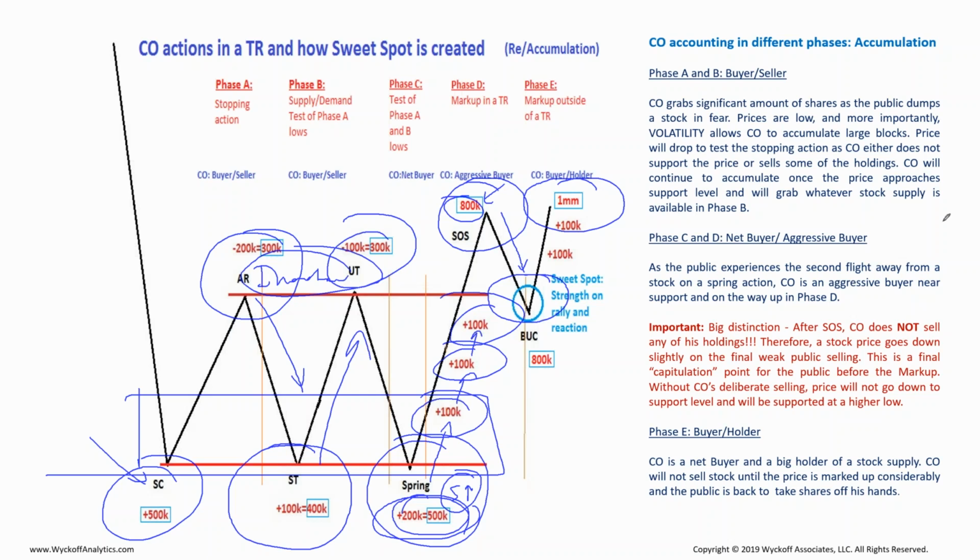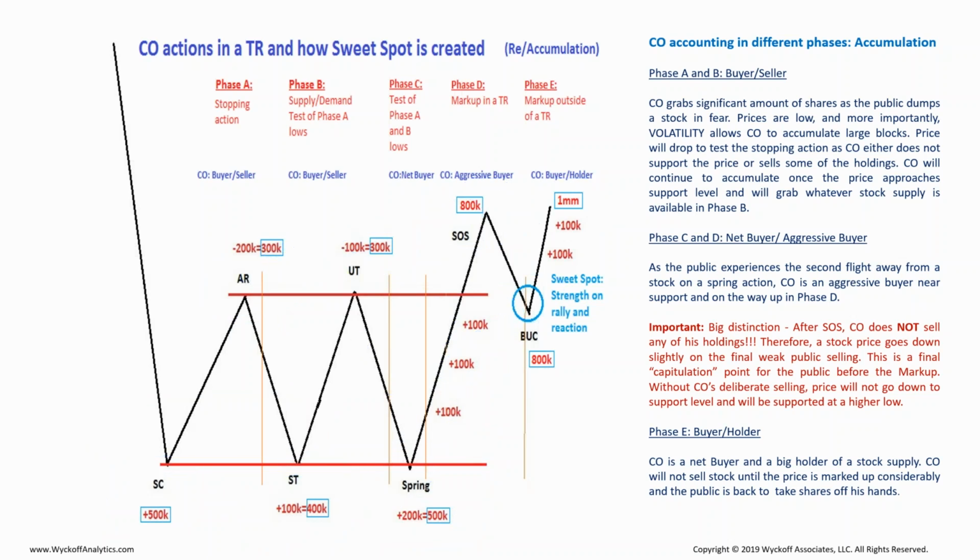So for the first time, we're going to have a precedent in the trading range where there is a sequence of buying on the rally and not selling on the subsequent reaction. This sequence we're going to call a sweet spot.